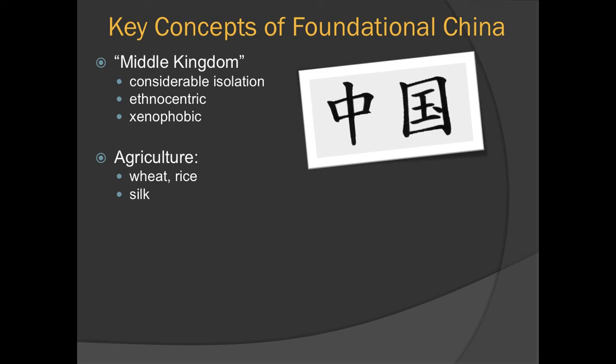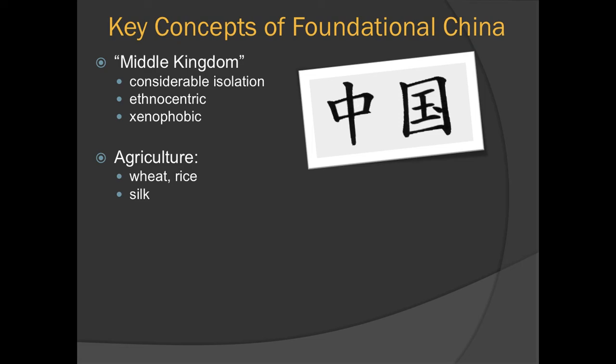I have this labeled under agriculture in part because I didn't really have anywhere else to put it effectively, but China very early on in the foundations period becomes associated with silk production. And you probably are already aware, but in case you're not, silk is not a grain.